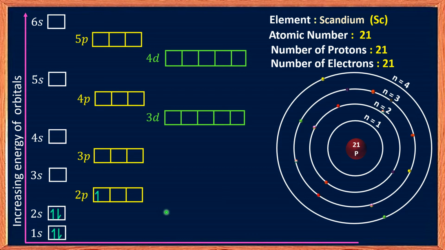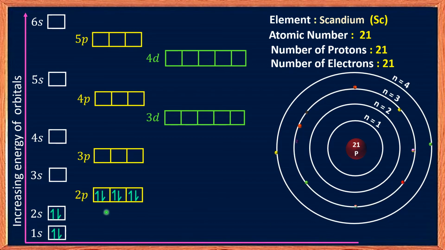So the sixth electron will occupy this empty orbital. The seventh electron occupies the other empty 2p orbital. Next pairing will take place. 8th electron, 9th electron, 10th electron.